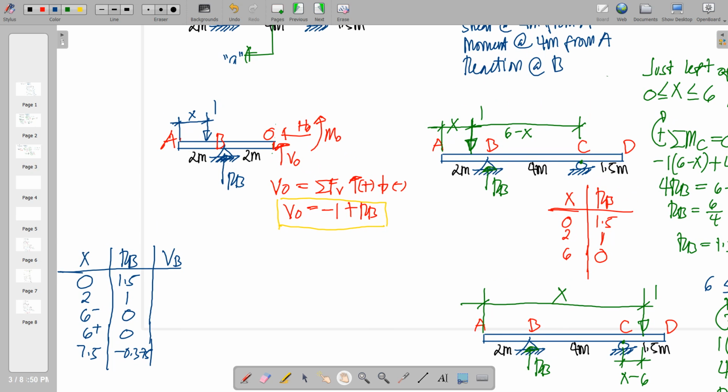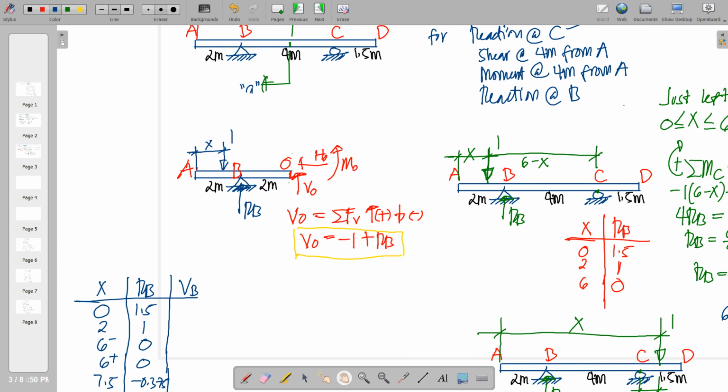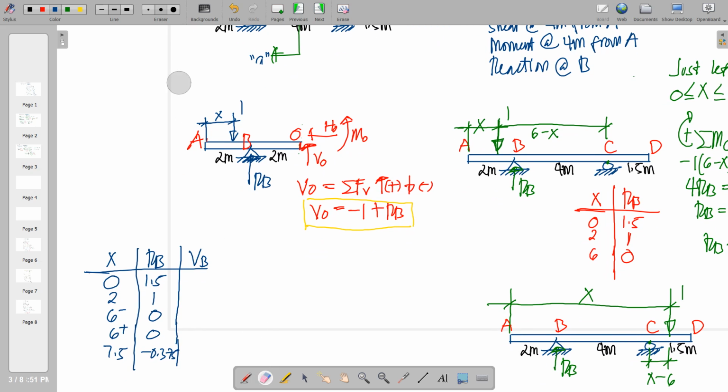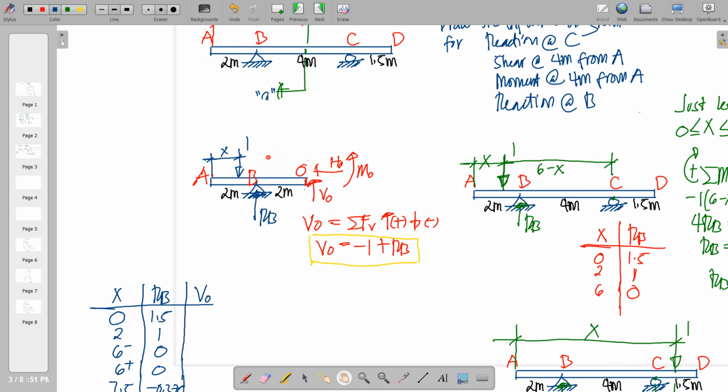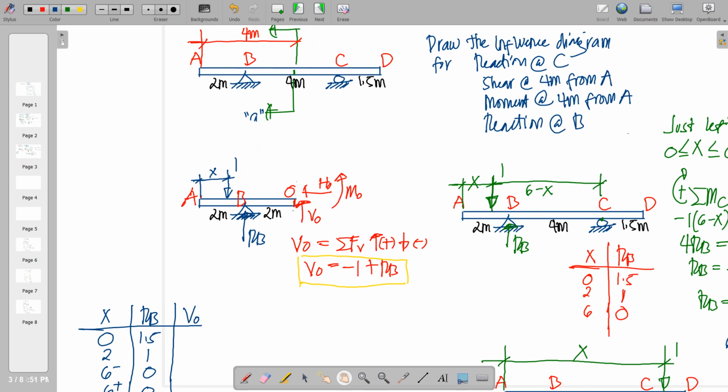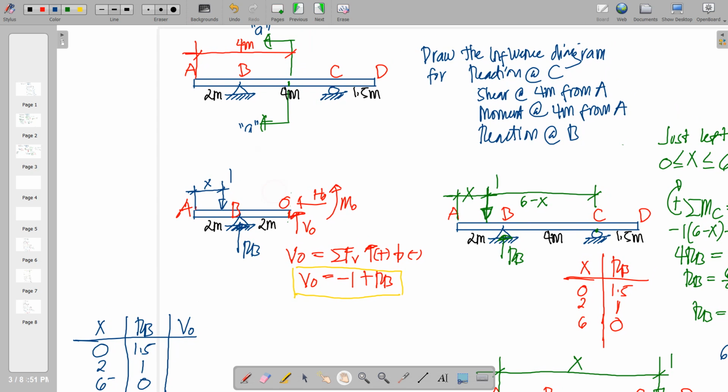So, as we can see, there will be two distinct equations here for the shear at O. Okay, for the shear at O. Why? So we can see when your unit load is just left of O, your 1 here will still exist in the equation.